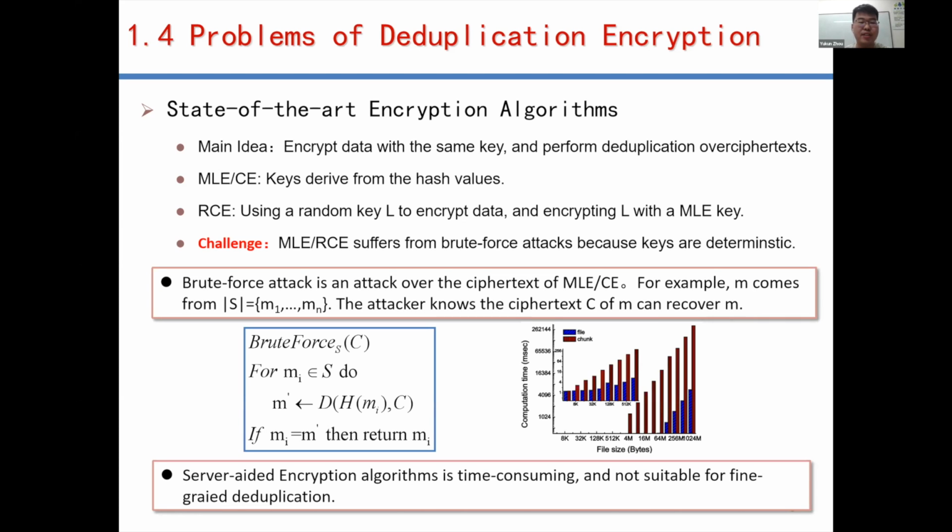What is brute force attack? Brute force attack is an attack over the ciphertext. For example, we know a message is in a known set, and the attacker knows the target ciphertext C. It can encrypt all the data in the known set and compare the ciphertext with C to recover the message.